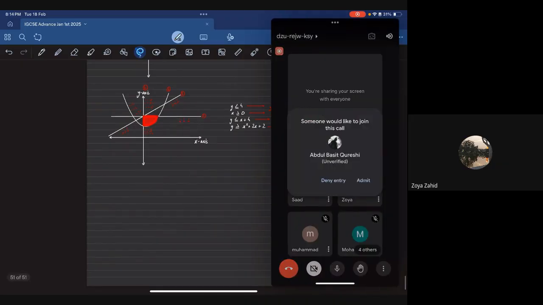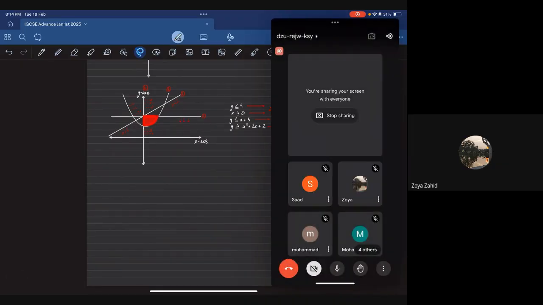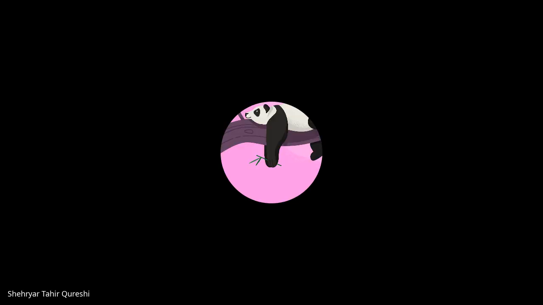Let me copy them down. Inequality questions are not that hard at all. They're very easy, but they're easier to get wrong as well because they're sometimes overlooked in some cases. So I don't want that to happen.